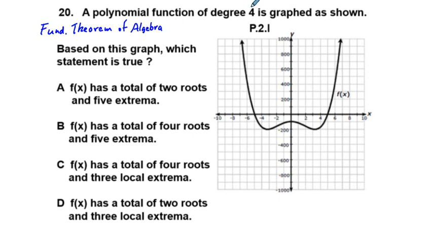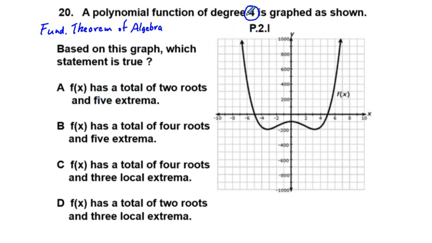So the number of roots, or zeros, real and non-real, is 4, which is equal to the degree. You can see 2 real roots here in these 2 x-intercepts, but by definition of the fundamental theorem of algebra, you must have 4 roots.